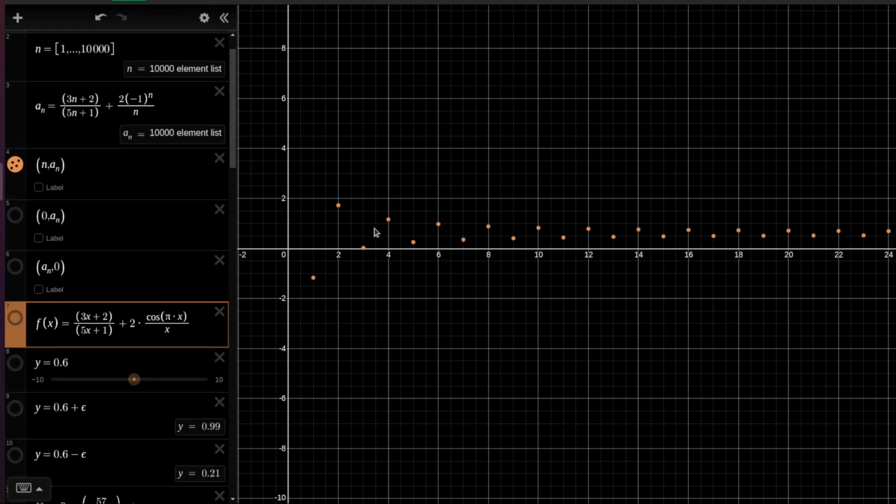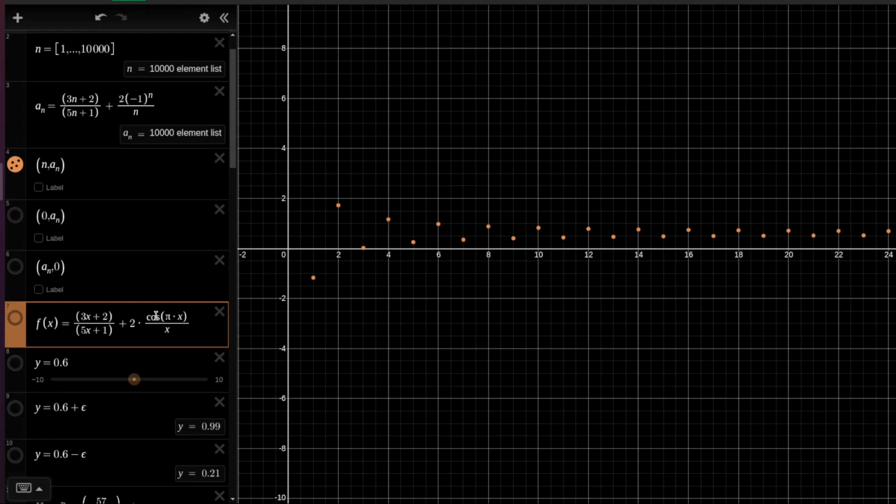It's not our subject, but if we want to think of this sequence as a sampling of some function, then we can look at this function. So f of x is this, and the idea is that for natural numbers, the sequence and the function coincide in values, and for non-natural values, this function is defined where the sequence is not defined.